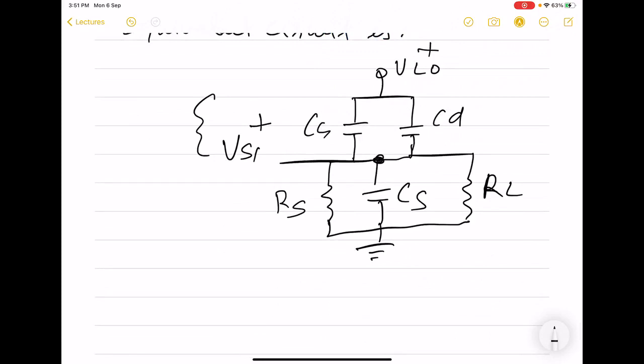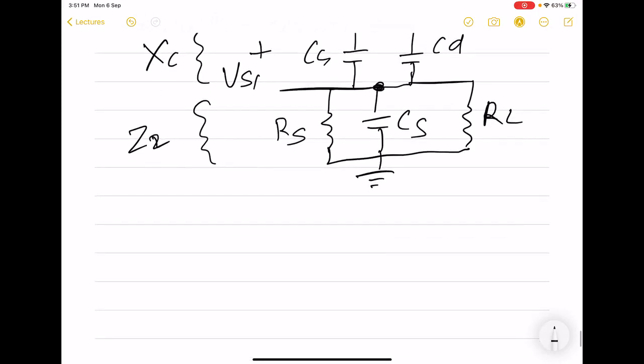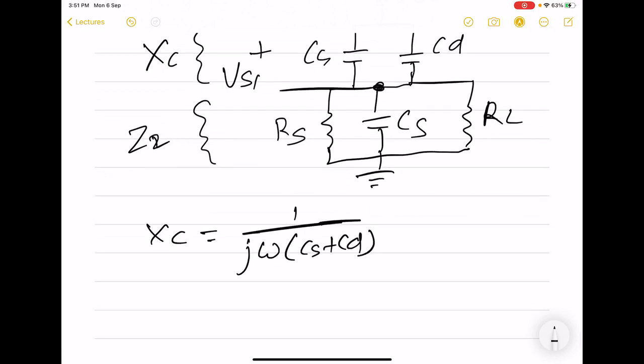So this is purely reactive part, so we'll be calling it as XC, and this we will be calling Z2. So XC is 1 by j omega (CS plus CD).